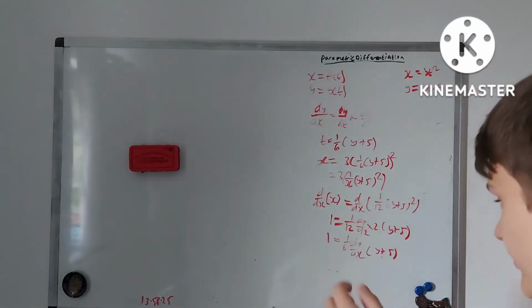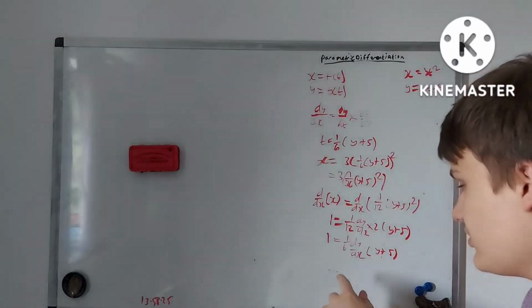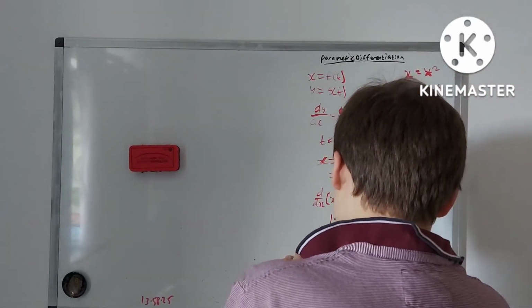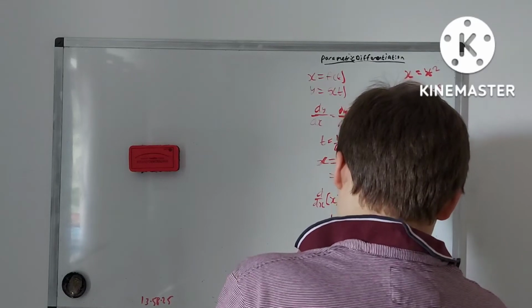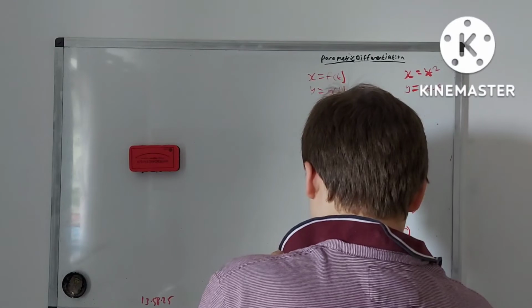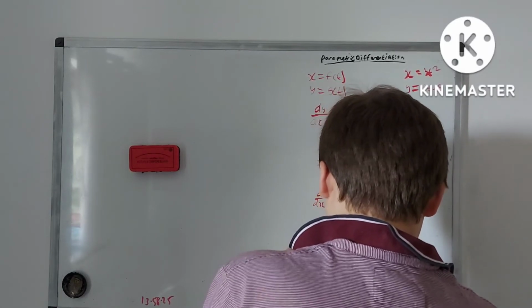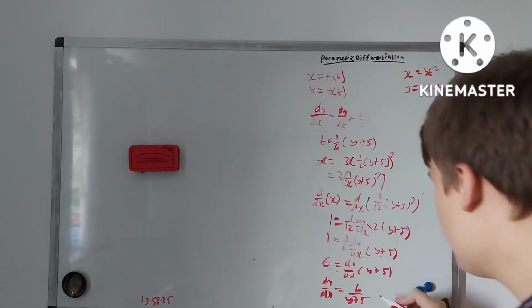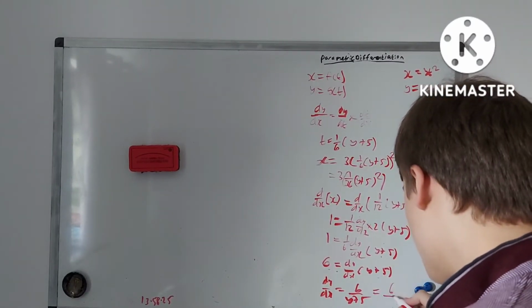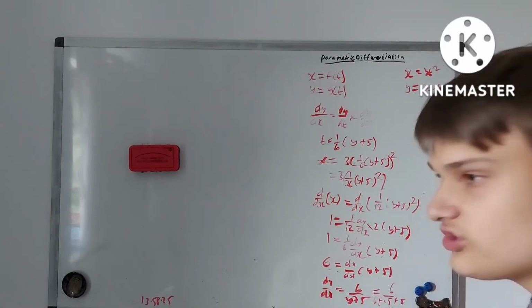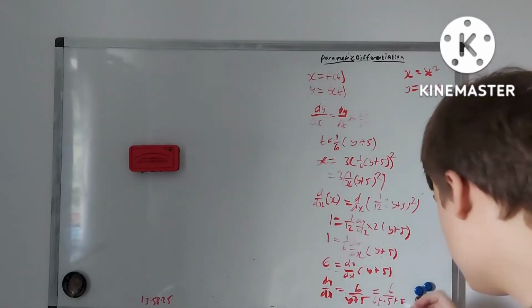And then, times by the 6, what I want is dy by dx equals 6 over y plus 5. What is y? 6t minus 5. So it's 6 over 6t minus 5 plus 5. 6 over 6t, which is 1 over t.